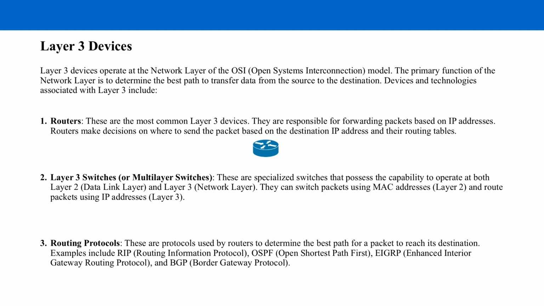In other words, it's a combination of router and a switch. And then we have the routing protocols. These are the protocols used by routers to determine the best path for a packet to reach its destination. The examples include RIP, the Routing Information Protocol, and OSPF.